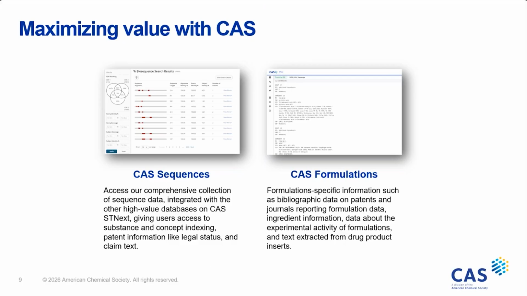So for those of you that work in the formulations field and might be particularly interested in various combinations of ingredients into a composition, this unique content collection is very powerful. And because it comes from CAS, it is indexed with CAS registry numbers. And of course, there are sometimes substances or substance classes that do not have registry numbers as well.